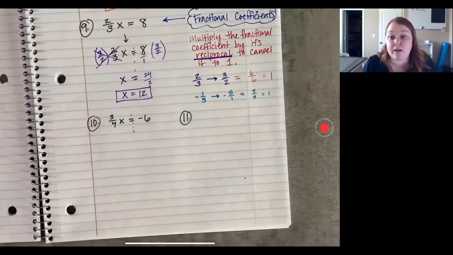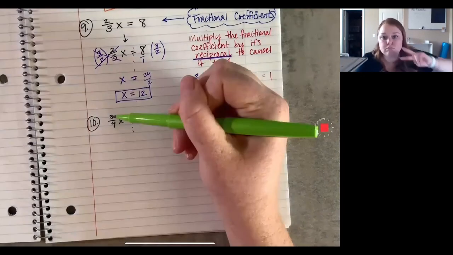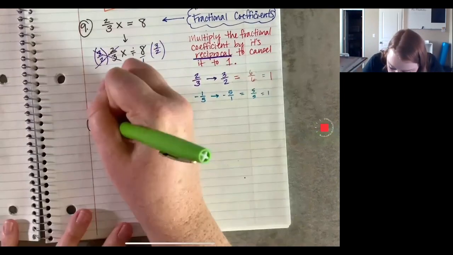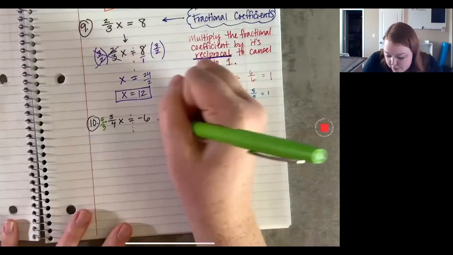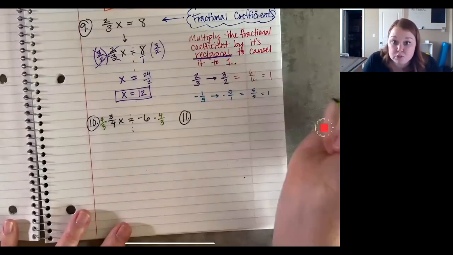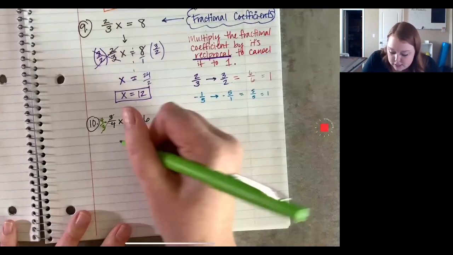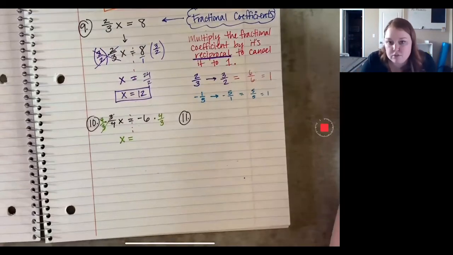I multiply it by the reciprocal. So what's the reciprocal of 3/4? 4/3. So over here, I'm just going to times by 4/3, which means I have to times the right side by 4/3. What's cool is this cancels out to 1. 1x is just x, so I've isolated my variable. Yay. Just got to do some math over here.